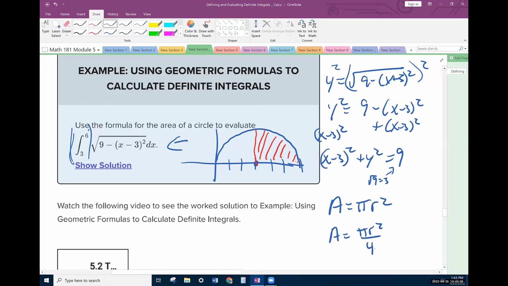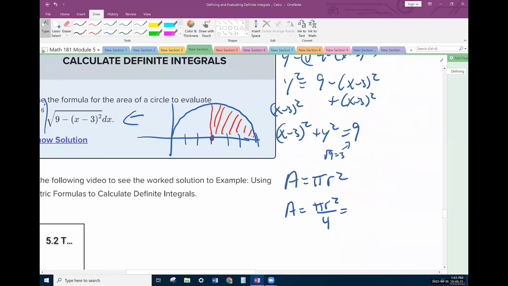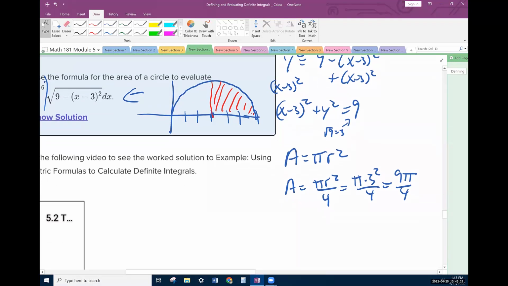Now, do we know the radius of the circle? Yes. What is it? 3. So what do we have? 9 pi over 4. So you could say in this case, the integral from 3 to 6 of the square root of 9 minus the quantity x minus 3 squared dx is 9 pi over 4.